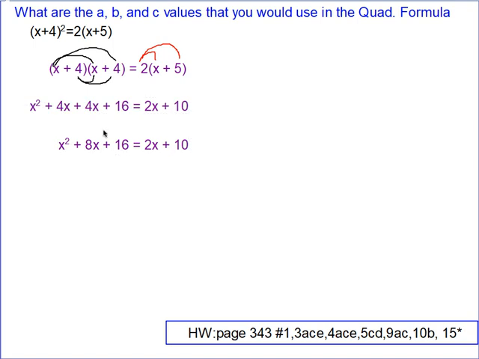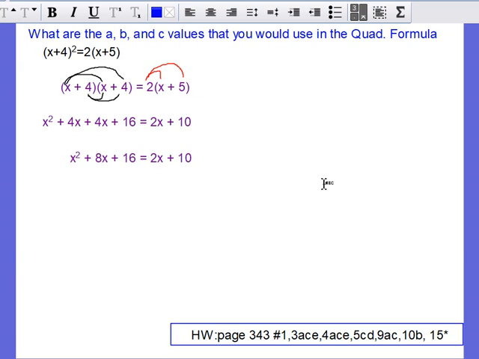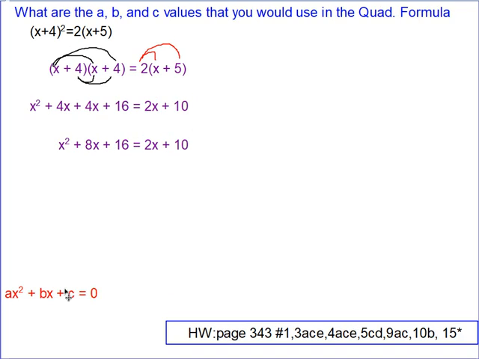It's like, well, not really, because that form that we're looking for, the ax squared plus bx plus c form, must equal 0. Yeah? So we want to make this thing equal 0. So what we're going to have to do is bring these terms over to the other side.